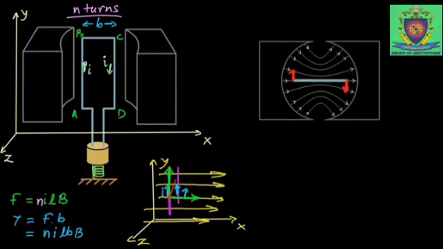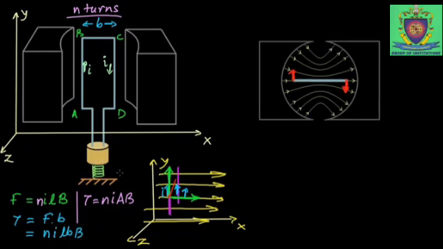First I will write small b into B, because L into b is the area. So in place of L into b, I will write the area of the rectangle. This equation becomes torque equals NIAB. Same thing I got in the torque experiment.